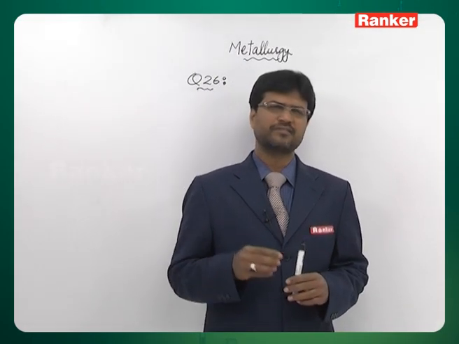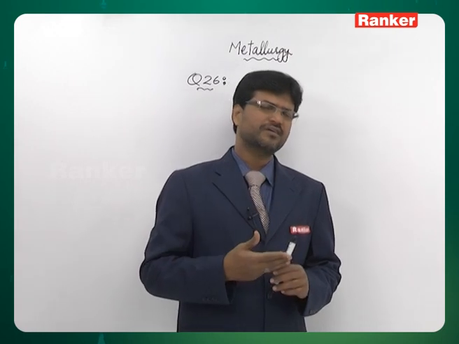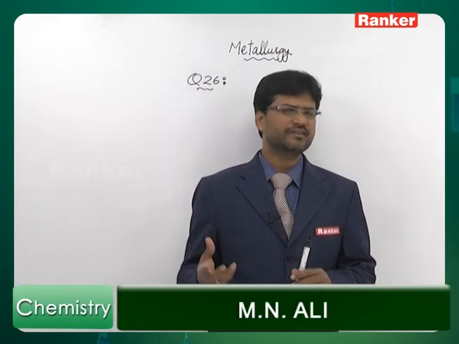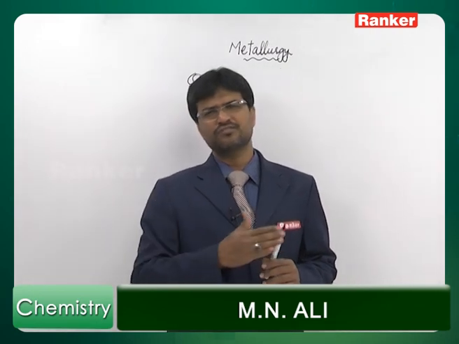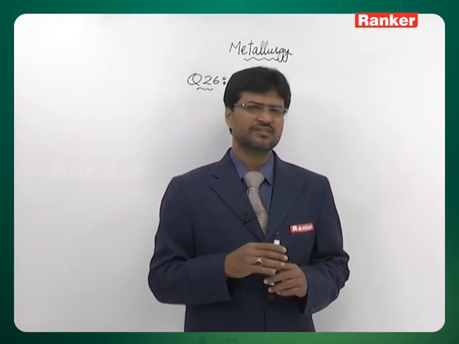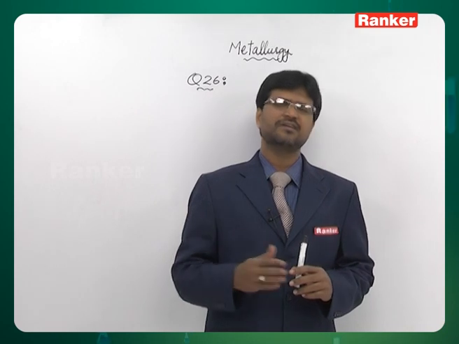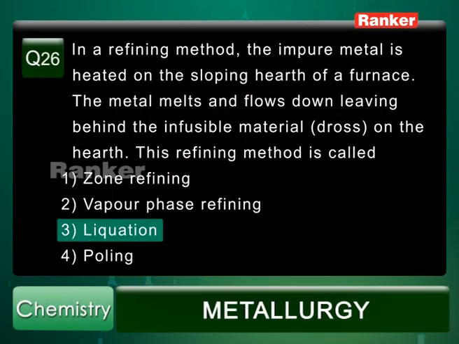A very popular example is tin. Tin has a very low melting point, so it can be purified by liquation. You put it on a sloping hearth of a furnace and heat it from the bottom. The metal melts and flows down, while the infusible impurities, called dross, are left on the surface of the hearth. This method is called liquation, applicable for low melting metals. So the correct answer is third option.